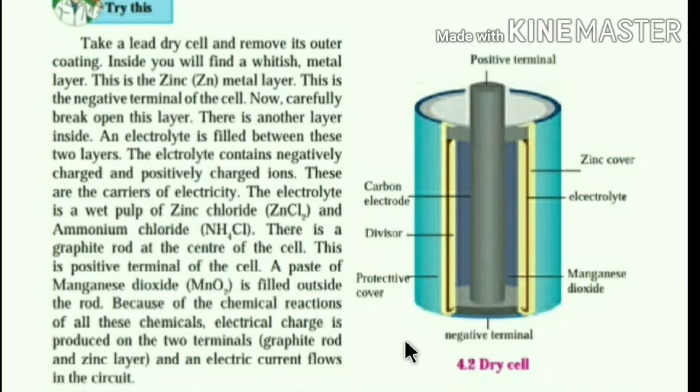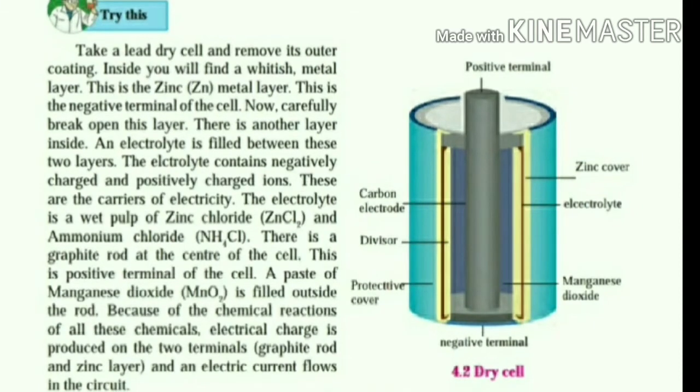So when we join the dry cell in the circuit, it gives potential difference, and hence the electric current flows in the circuit. Due to the wet pulp of electrolyte, zinc chloride and ammonium chloride, and also the paste of manganese dioxide used in this dry cell, the chemical reaction proceeds very slowly.